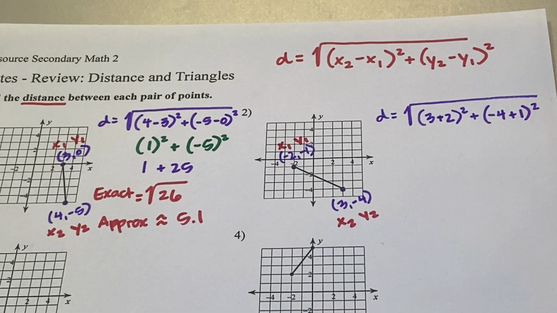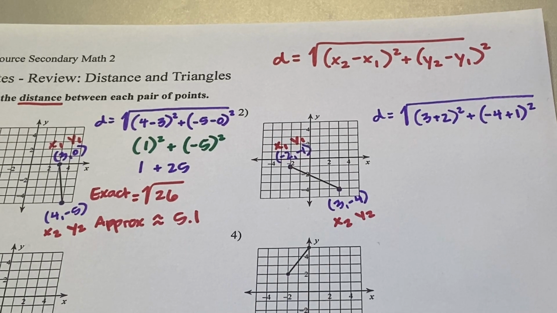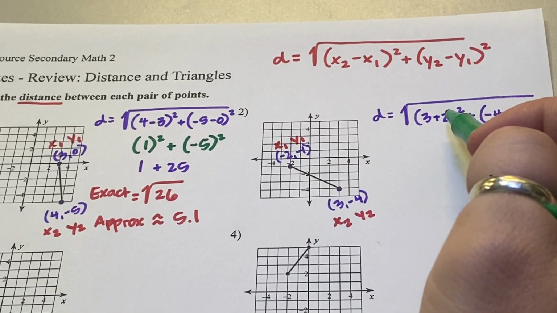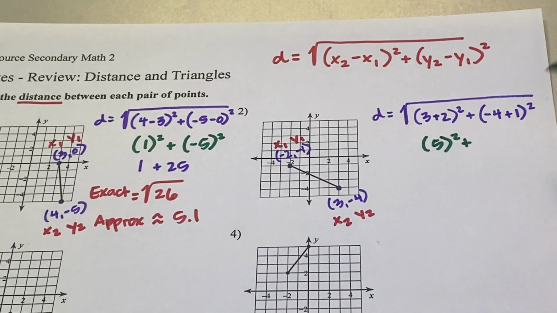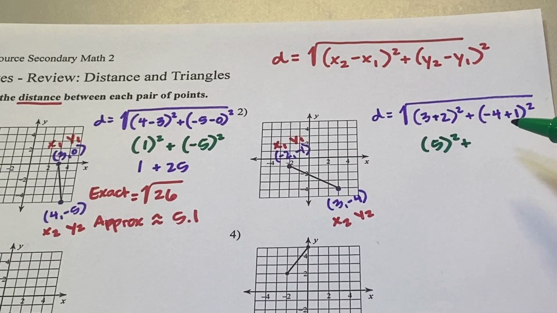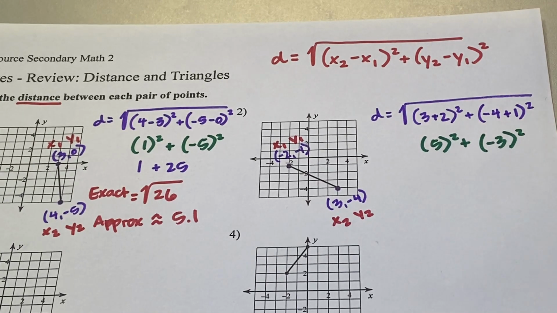Subtracting a negative really means you are adding. 3 plus 2? 5 squared. Negative 4 plus 1? Negative 3 squared.